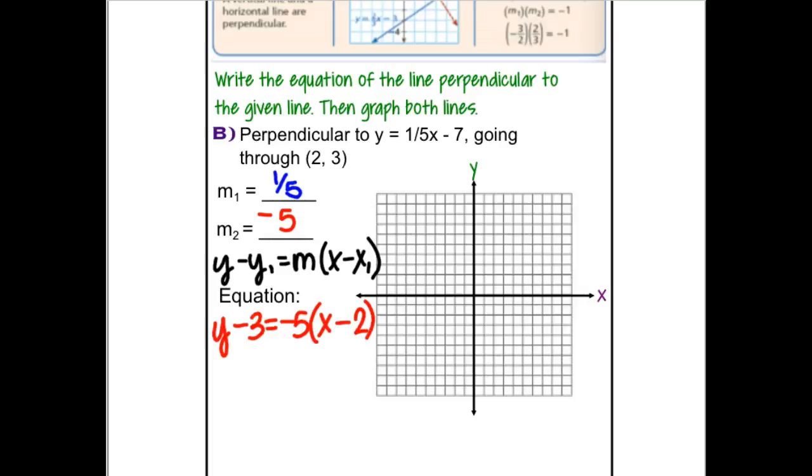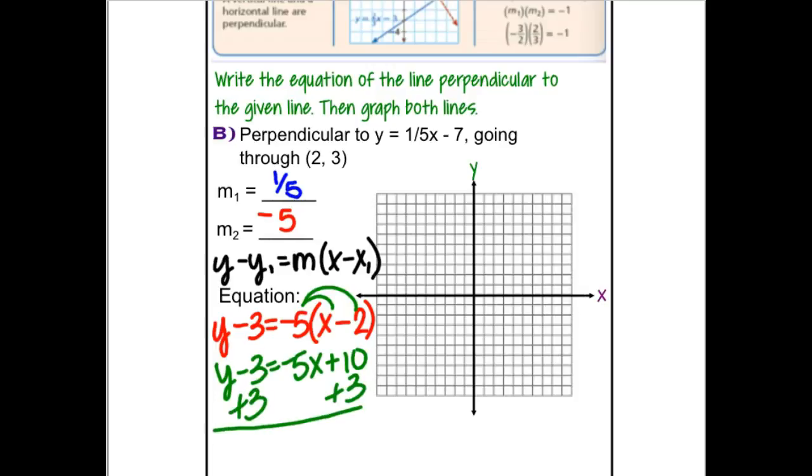So then we can distribute in, and we get y minus 3 equals -5x plus 10. And then we add 3, and we get y equals -5x plus 13.